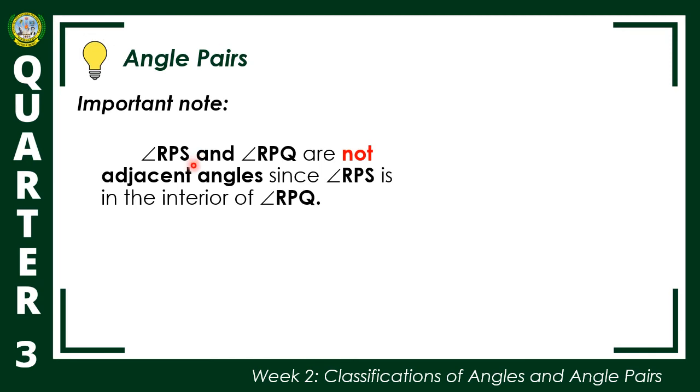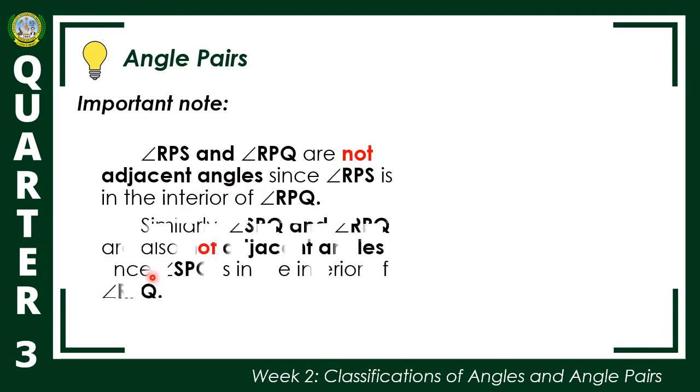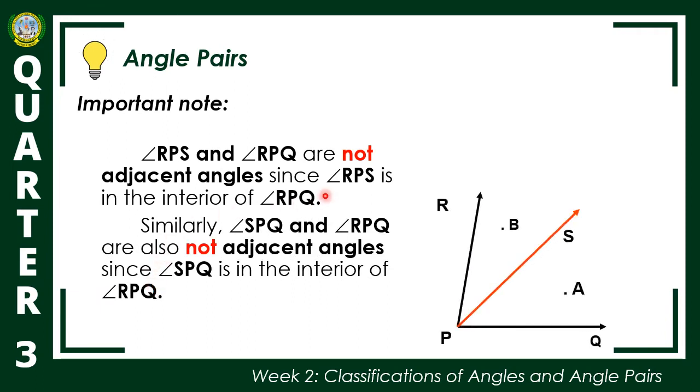But take note, hindi po ibig sabihin na nag-share ng common vertex and common side adjacent na agad. Tulad ng mga examples na ito. Angle RPS and RPQ, so this is RPS, lagyan natin ng curve. Ayan, so this is angle RPS and angle RPQ is this angle. Diba? So the whole angle.